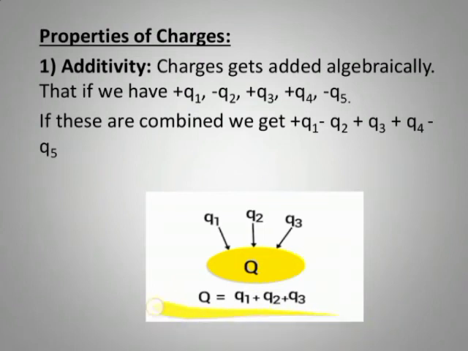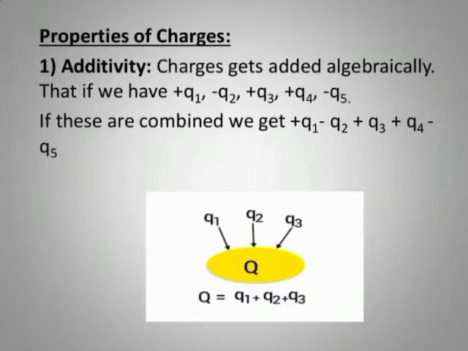Something called capital Q. So hope I made it very clear to you. In a vessel, many tiny charges will be there. You add them algebraically and you get a net charge. Hope I made this very clear.